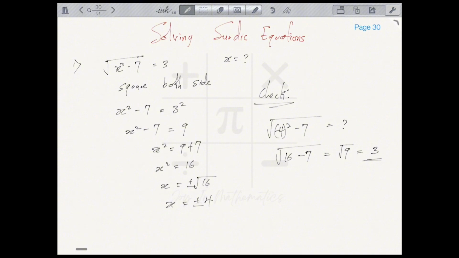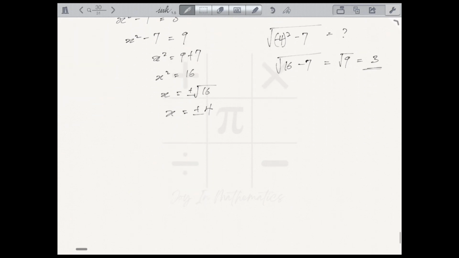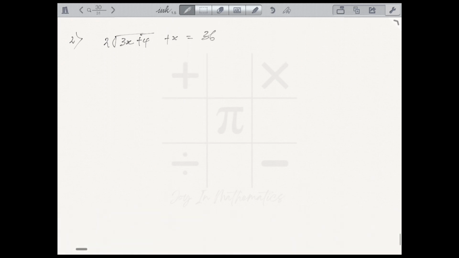Now we might not be so lucky as to have a question as simple as this. Let's say we have 2 times the square root of 3x plus 4, plus x, is equal to 36, and we are asked to evaluate the value of x. In this case, we are going to square both sides.